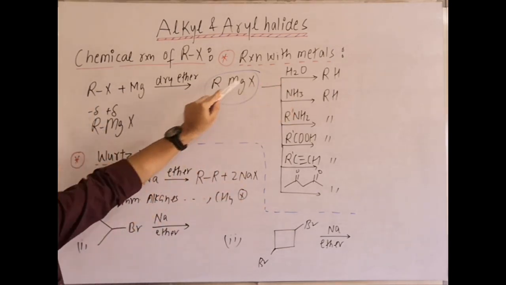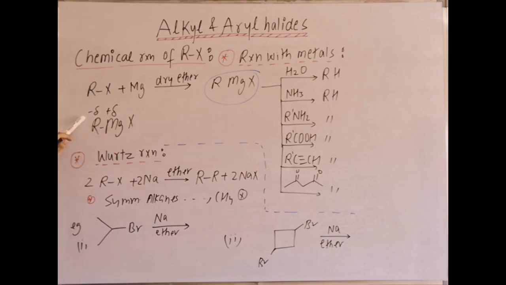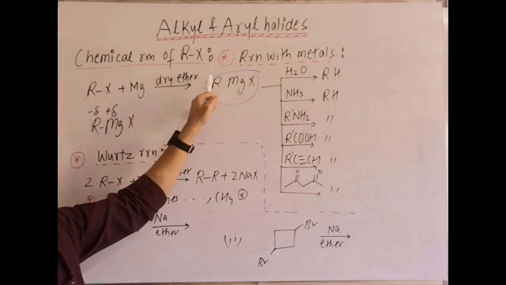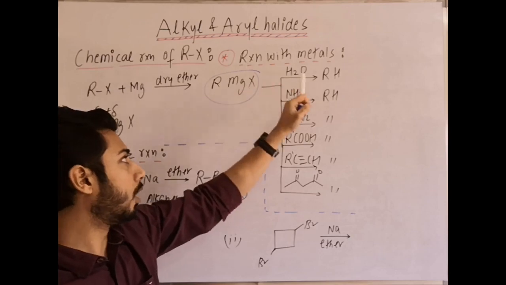Remember this R has a partial negative charge, it is a polar covalent bond, not a pure ionic bond. Carbon is negative, the other part Mg is positive, and this minus will take H plus and RH is formed.